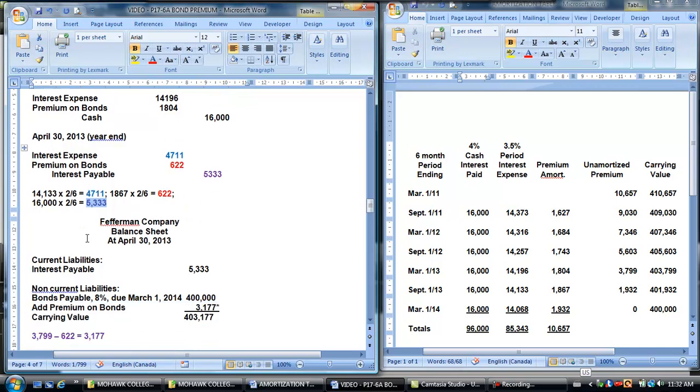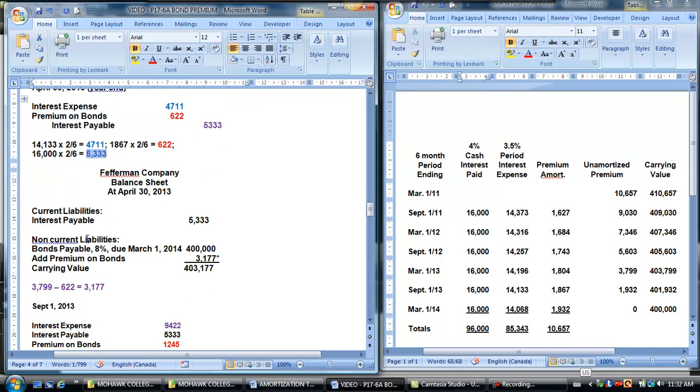So you'll notice now when we get to April 30th, 2013, again, we have an interest liability of $53.33, but how are we going to calculate the carrying value of our bond? Well, we know we start off in the long-term liability section with our bond at its principal or its face value, but how much premium are we going to add? Well, we know that we started this period off here with an unamortized premium of $37.99, of which we just amortized $622.